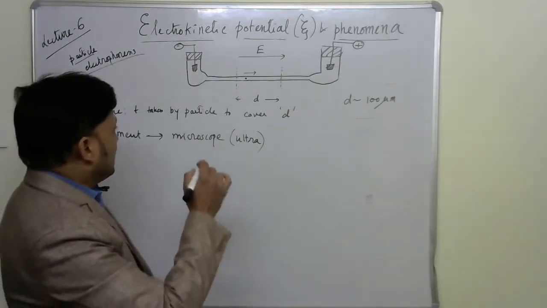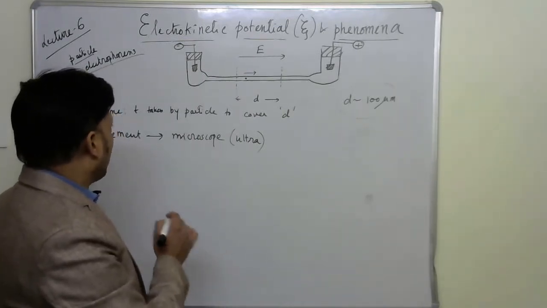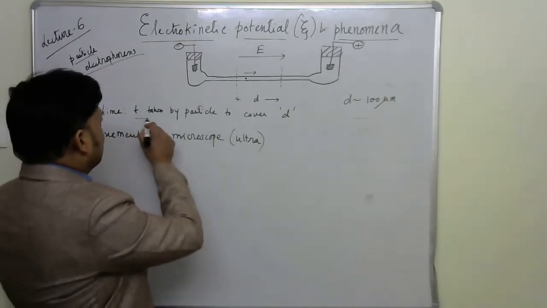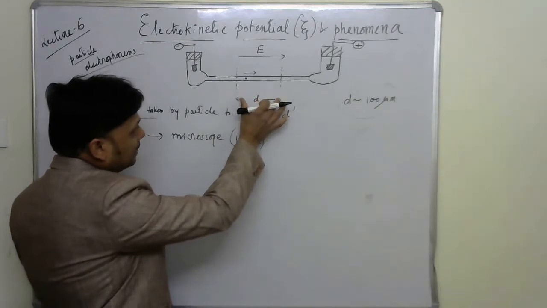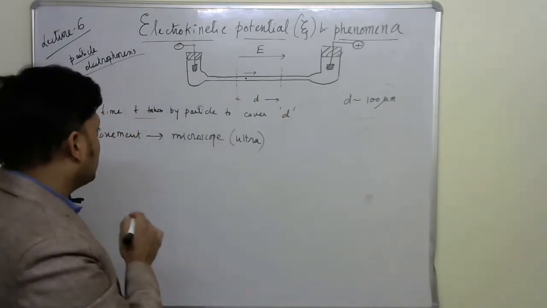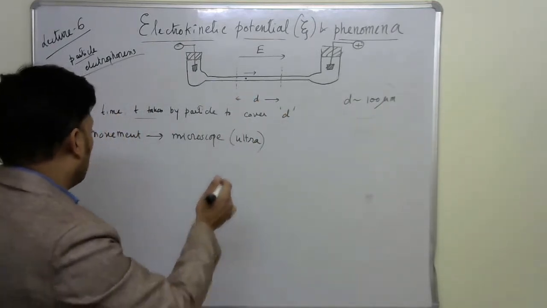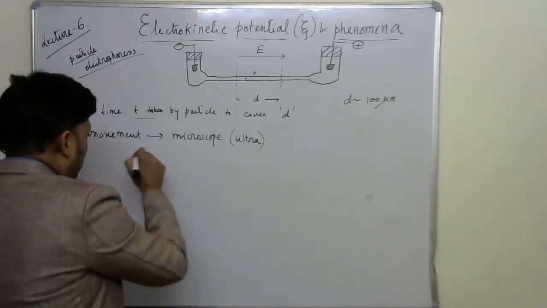What is being recorded is actually the time t taken by the particle to move this distance d. In other words, we record the velocity here.